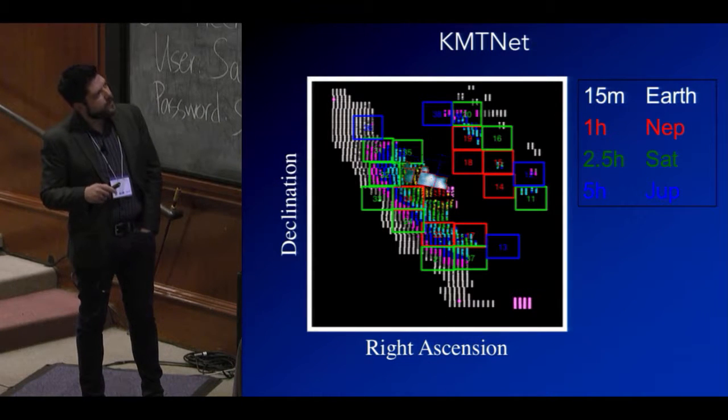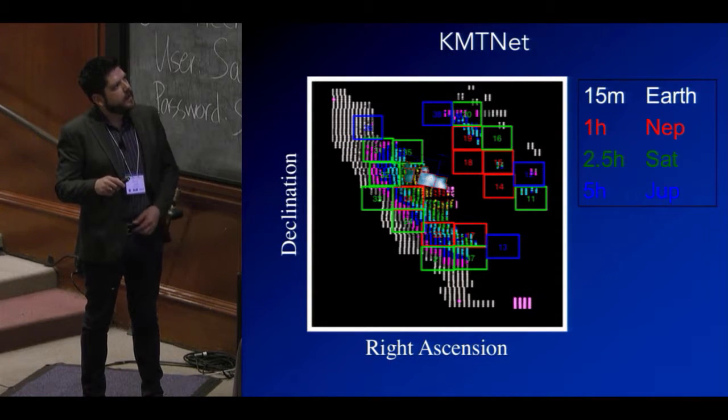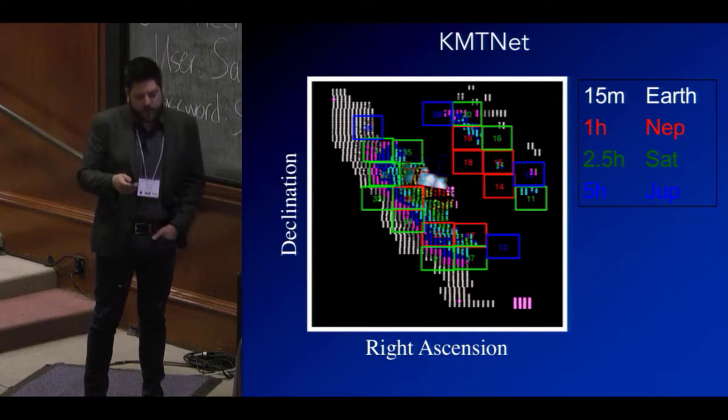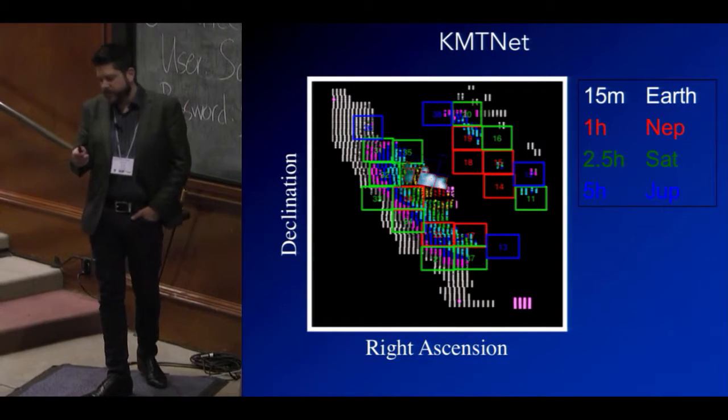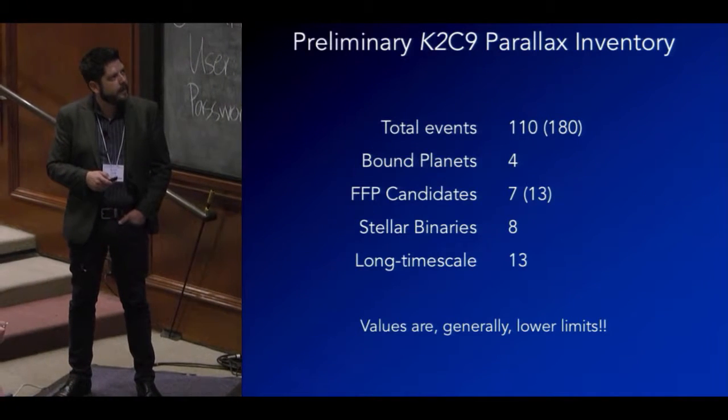These are the survey fields of KMTNet. The ones here in black are the ones that are surveyed most rapidly. And you can see that the K2 superstamp falls right in there. They're surveyed every 15 minutes. So this will be an important survey for looking for planets in Kepler and the Earth.